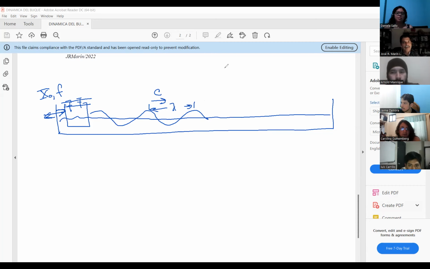So the frequency is equal to sqrt(kg). Celerity is equal to the square root of g over k.